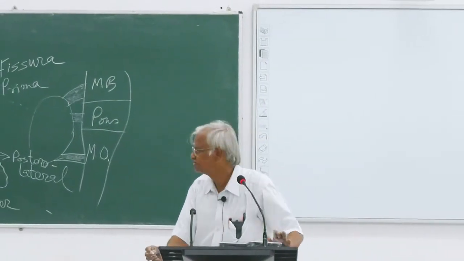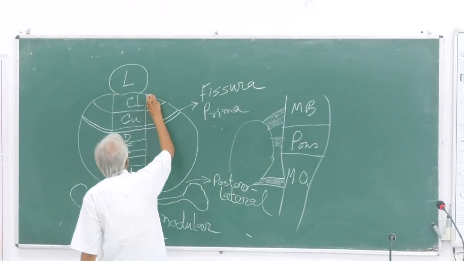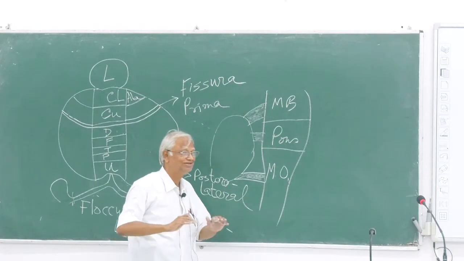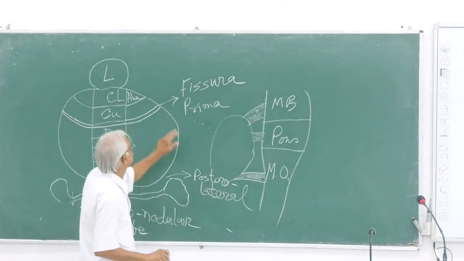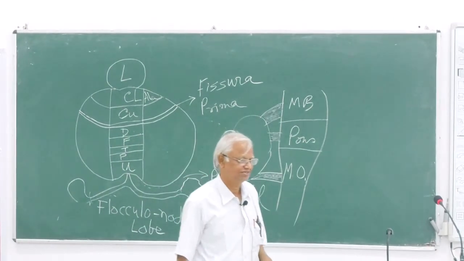And what about this? This is called ala. There are two alae, one on the right side and one on the left side.